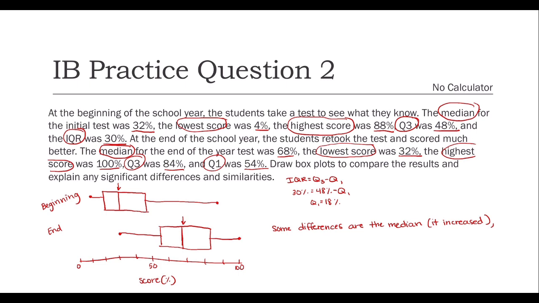If we look at our ranges, at the beginning of the year, the range was from 4% to 88%. So it would be 88 minus 4. So our range is 84. At the end of the year, it ranged from 32 to 100. So it would be 100 minus 32, which equals 68. So the range is also different. So the median is different. The range, and the range decreased.